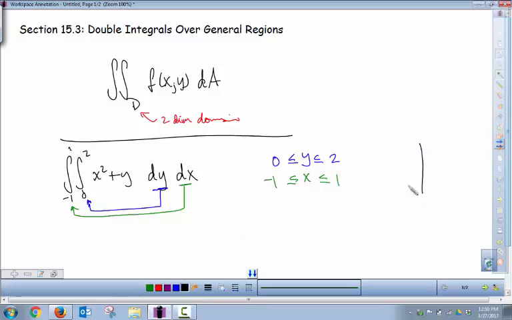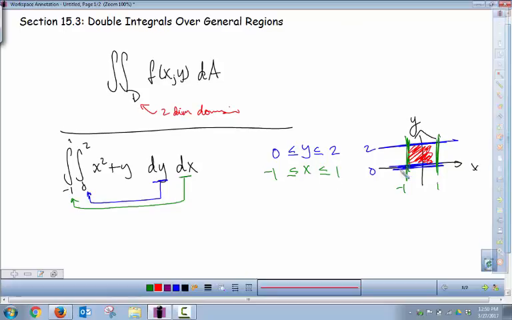And so if you draw that on an xy plane, because that's where the domain is, we have the limits y equal to 0, that's the x-axis, to 2. And then we have the x limits going from negative 1 to 1. So this is your domain.